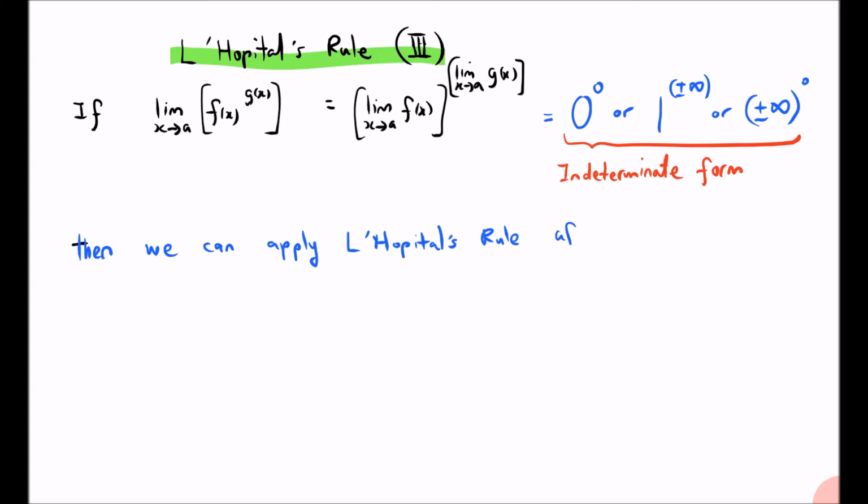After the following steps, before you can apply L'Hopital's rule, your indeterminate form must be 0 over 0 or plus minus infinity over plus minus infinity.